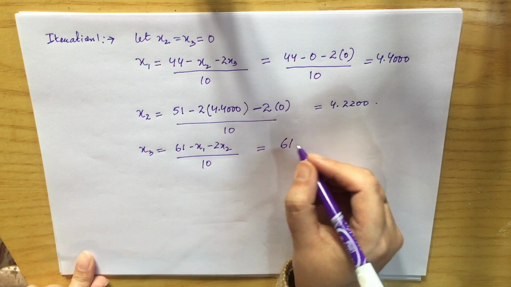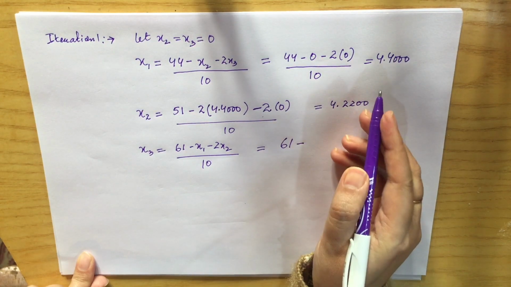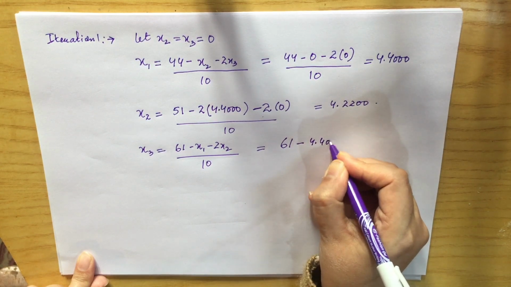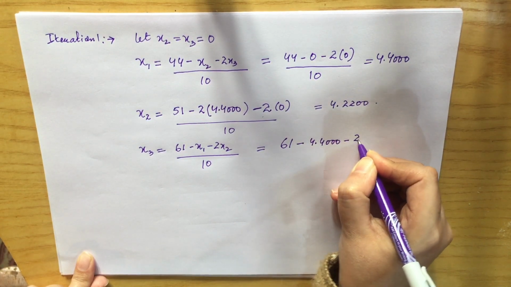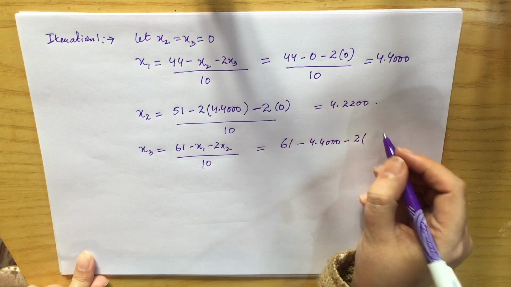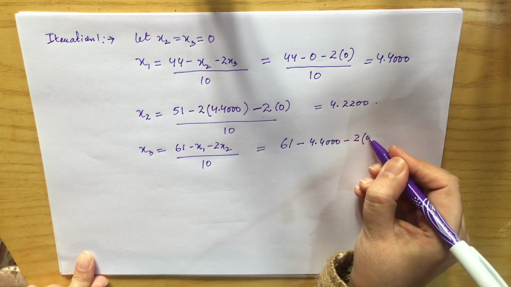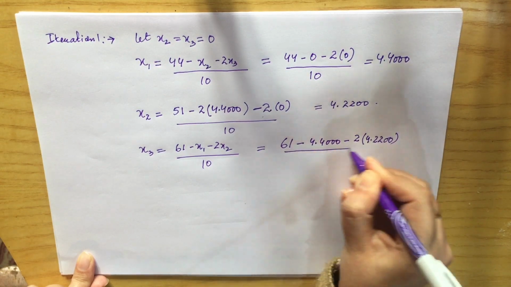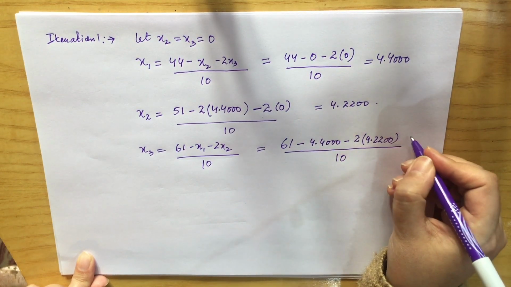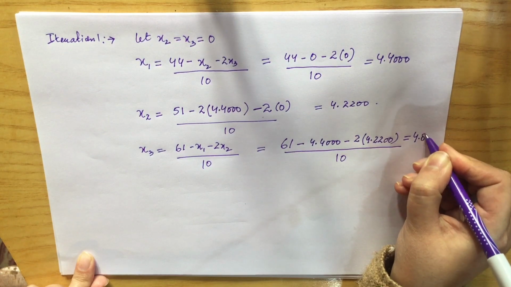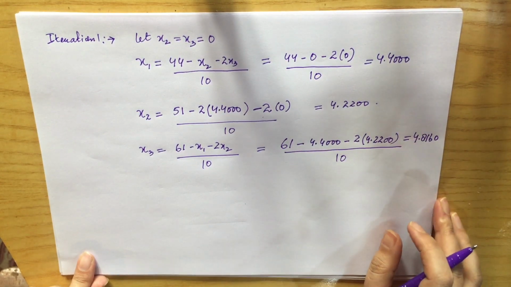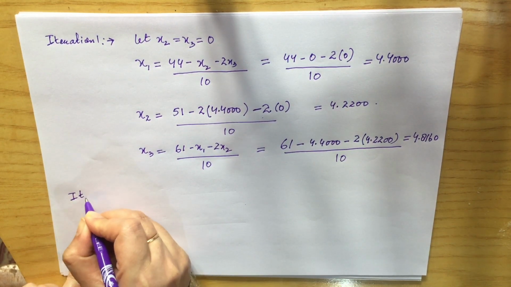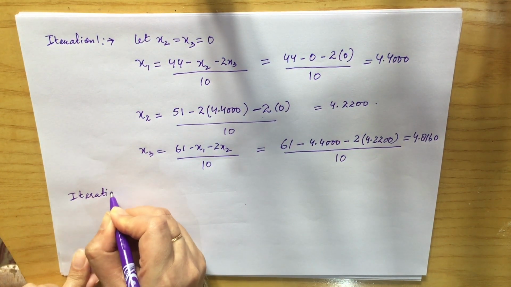So it will be 61 minus the value of x1, which is 4.4000, minus 2 multiplied by the value of x2, which is 4.2200, this whole divided by 10. So it will be equivalent to 4.8160.